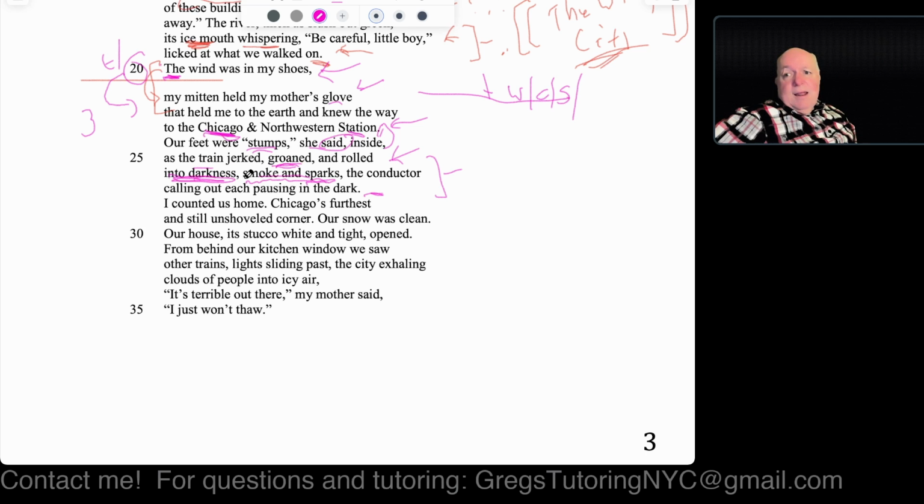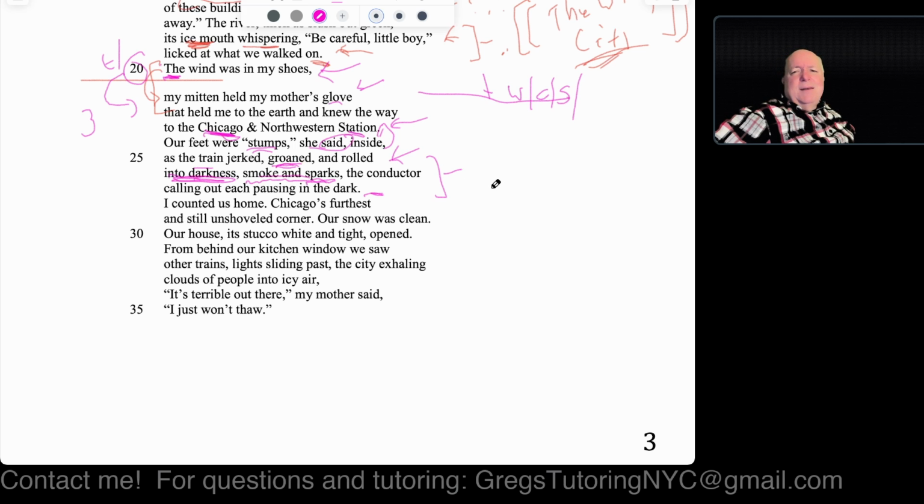So that is all normal. You could take this in a negative fashion and project your own thoughts onto it. That, oh my God, the kid took this horrible, almost a scary amusement park ride. But that is not what's happening here. It's just the way a regular train works. Okay. The conductor called out he's pausing in the dark.